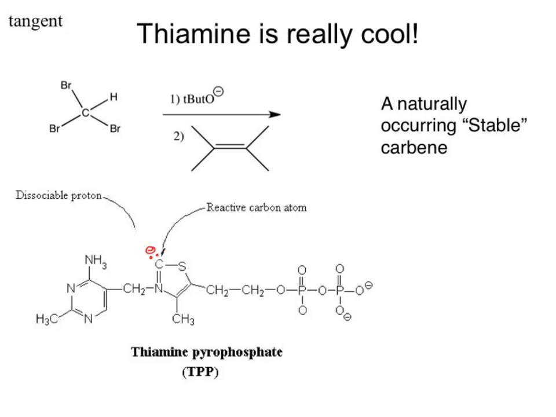What is special about that carbon? It's reactive as a negative charge, but if we look at the nitrogen that it's bound to, that nitrogen is positively charged. What's the resonance structure? The resonance structure forms a carbene. Thiamine pyrophosphate is a carbene.